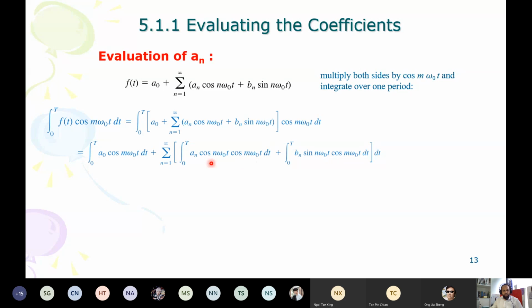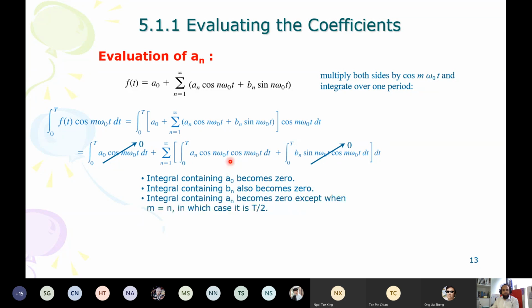And this will also be 0 unless n is equal to m. The integral containing a naught becomes 0 because it's just the average value. Good. The integral containing the sine terms will also be 0. The bn terms will also be 0 because I just showed you. And this will also be 0 except when m is equal to n.